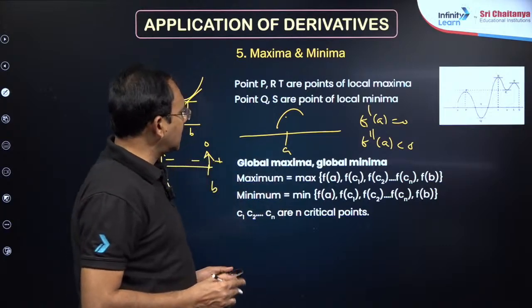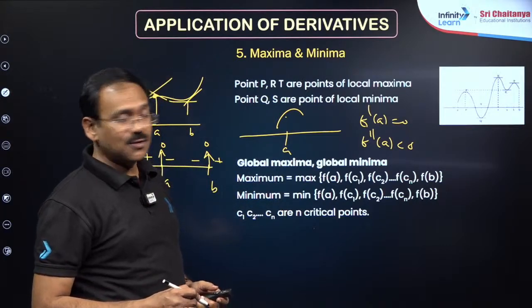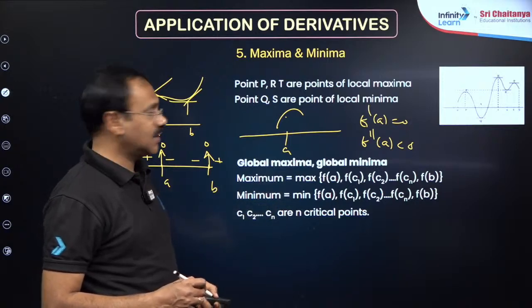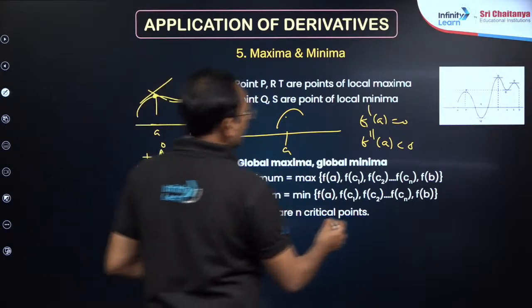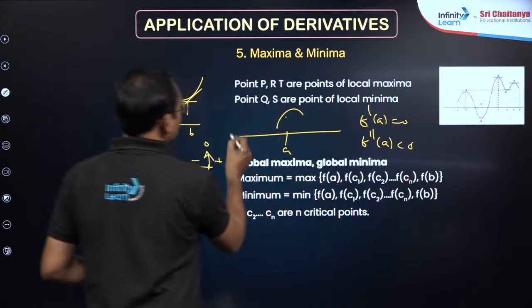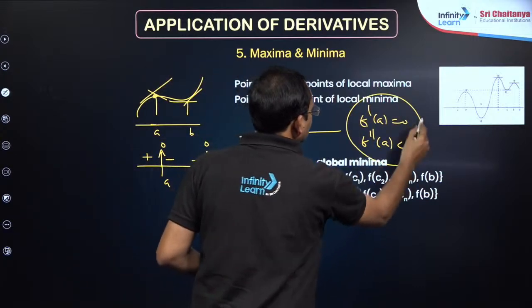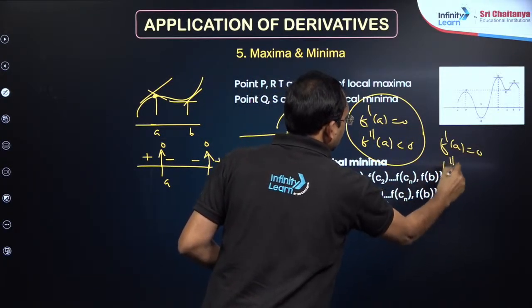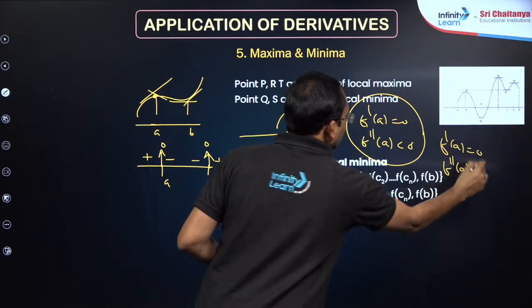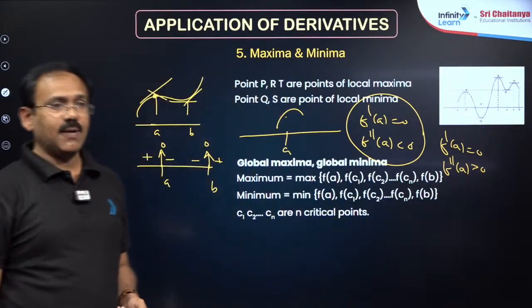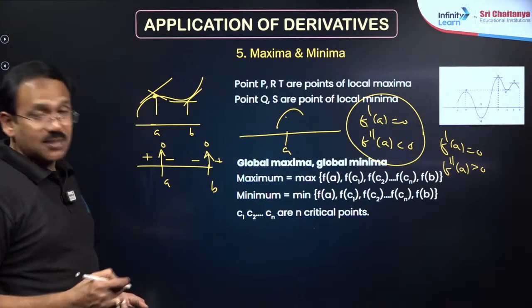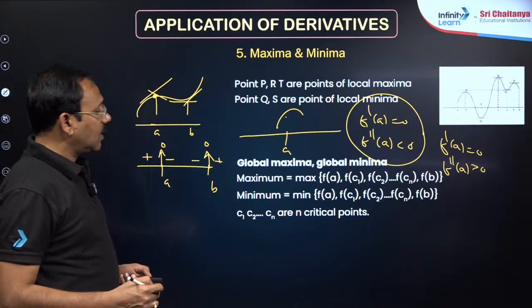So I can say that the second derivative less than 0 means it is decreasing. And similarly, suppose the first derivative is 0 and the second derivative is positive, you can say that it will have a local minima, my dear friends, right?